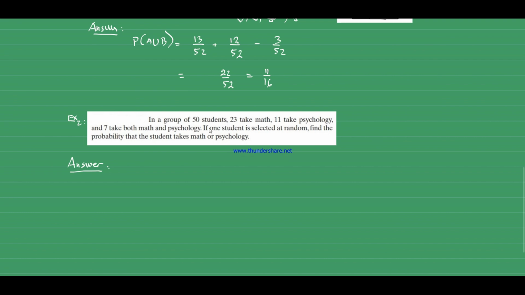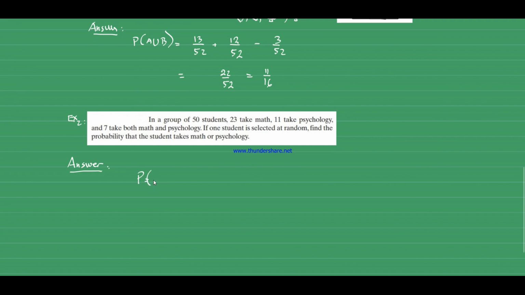So we have a group of 50 students, 23 of them like math, 11 of them take psychology, and 7 do math and psychology. See that they have 7 doing both math and psychology. So this is the inclusive case right here. So the probability is going to be very easy.